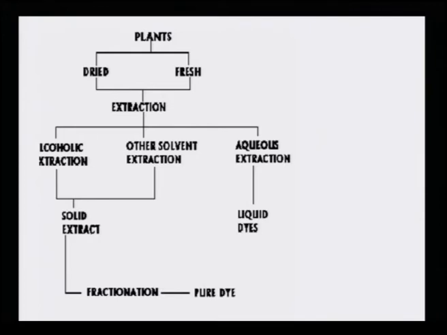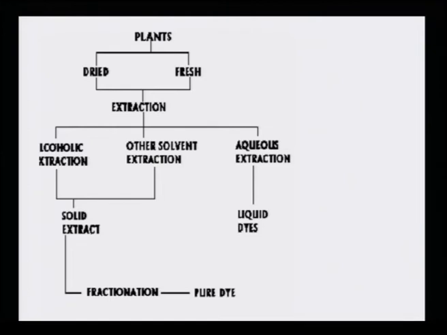Now, from these extractants of the alcoholic type and any other solvent type, the solvent can be evaporated on a rotary evaporator, and solid extract or semi solid extract or pasty extract can be obtained. Similarly, from the aqueous extract, liquid dyes can be extracted by removal of water.